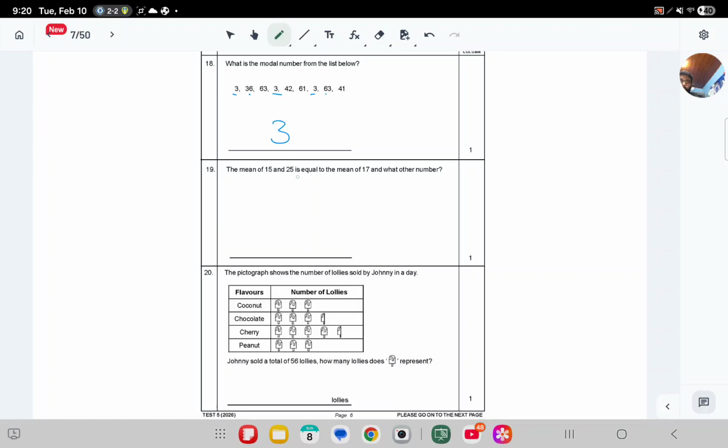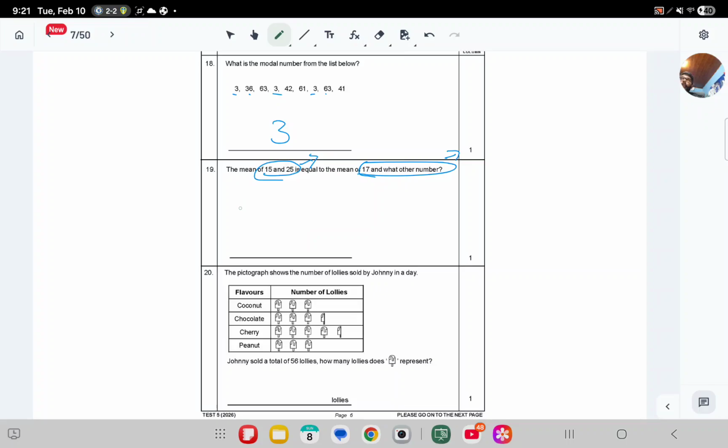The mean of 15 and 25 is equal to the mean of 17 and what other number? So that means when I add up 15 and 25 and I divide it by 2 because it's 2 numbers, you get an average. Same thing here when I add up this 17 and this other number and I divide it by 2, you get the same average. Which means that the sum of these two needs to be the same as the sum of these two.